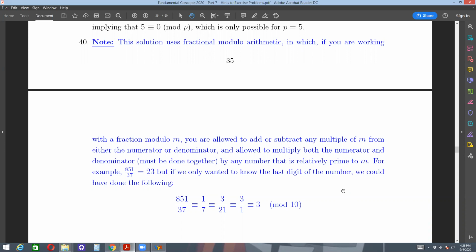I want you to tell me what the remainder of this number is when I divide it by 7. So basically, I want to know what 11,931 divided by 123 is considered mod 7. It's not the last digit we're looking for anymore, it's mod 7. So it's all different.